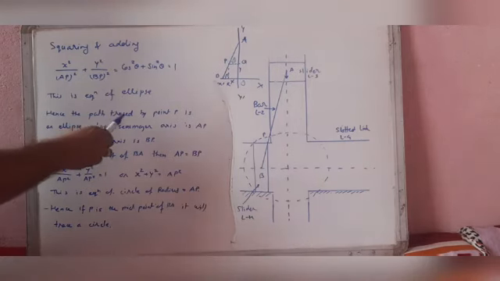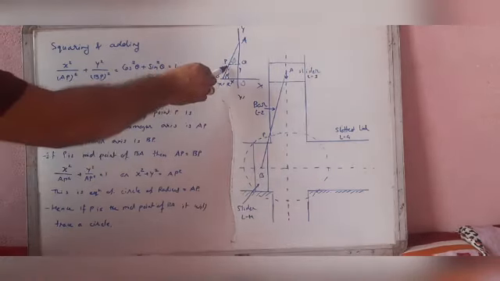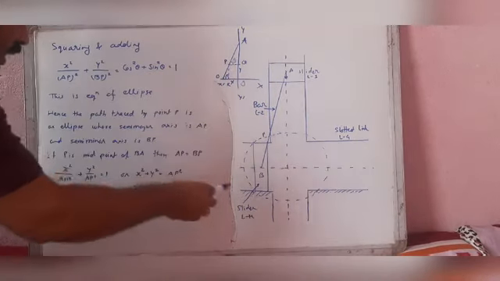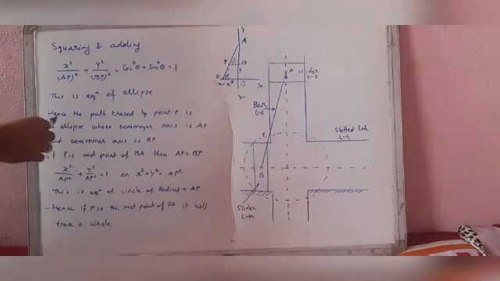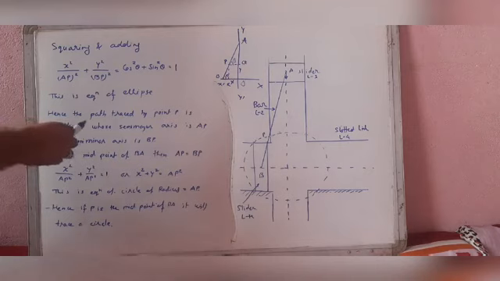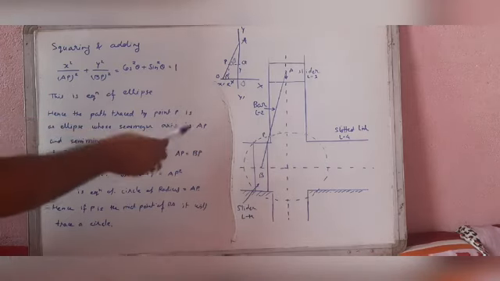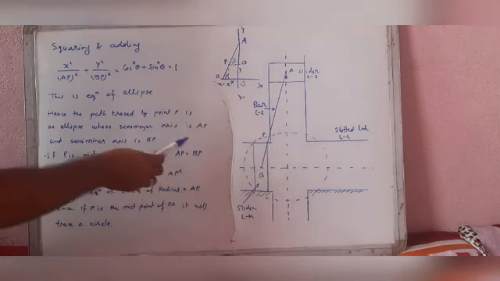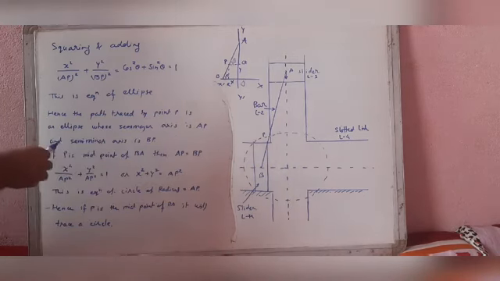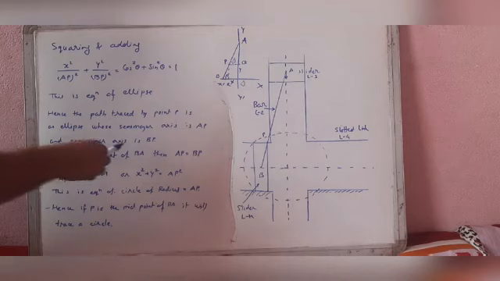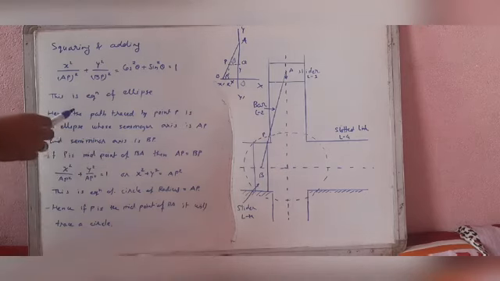Hence the path traced by point P is an ellipse whose semi-major axis is AP and semi-minor axis is BP.